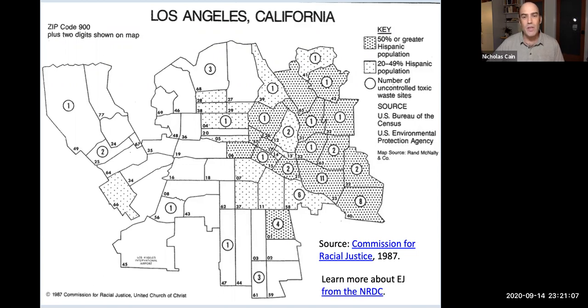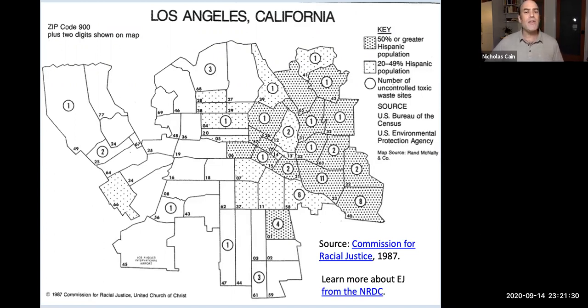And so areas with the close dots have greater than a 50% Hispanic population. And areas with the more broad pattern of dots show 20 to 49% Hispanic population. And areas without dotting have less than 20%.